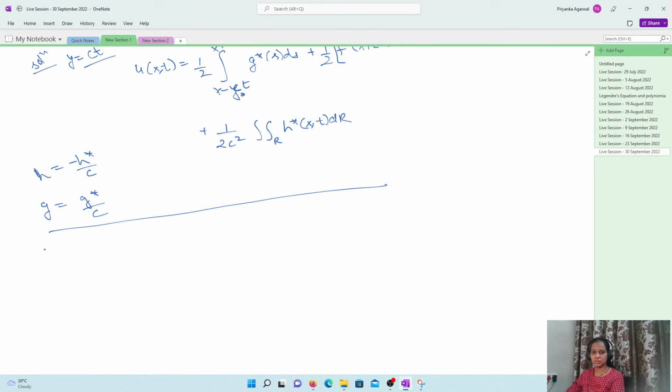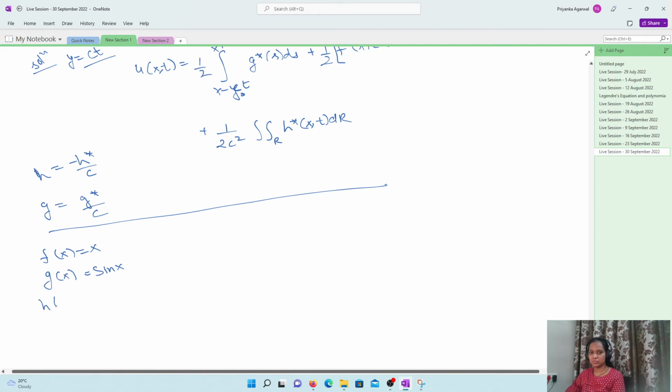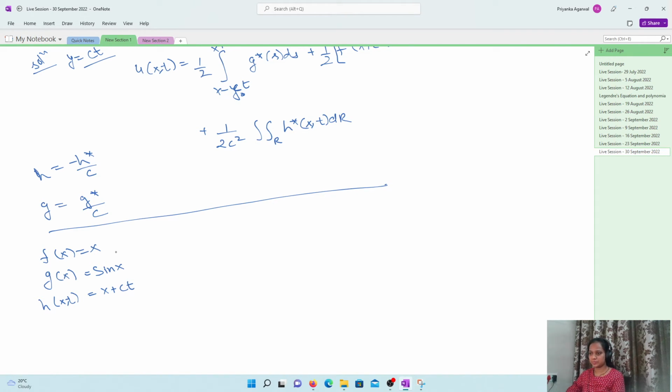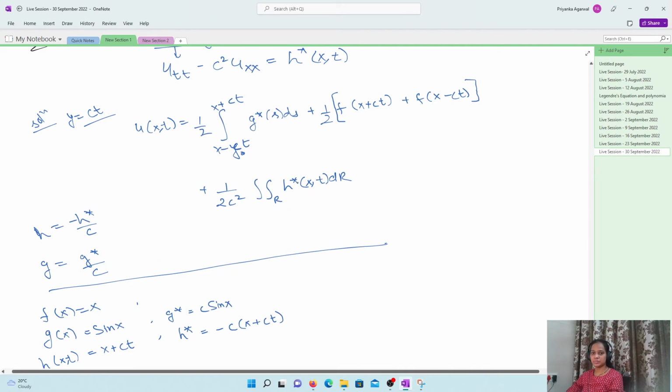We have f of x equal to x, g of x equal to sin x, and h of x comma t equals to x plus ct. So now h star becomes minus c times x plus ct, g star becomes c times sin x.